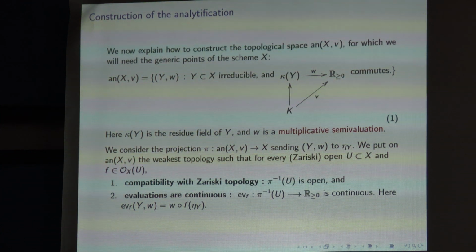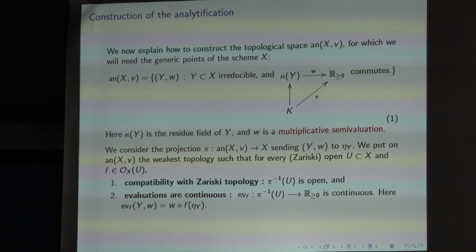You want compatibility with the Zariski topology, and you want compatibility with evaluation of functions, which is this. All these functions land here, and you just pull back the topology of R. So in some sense, these two conditions are the ones that give this analytification its awesome properties.